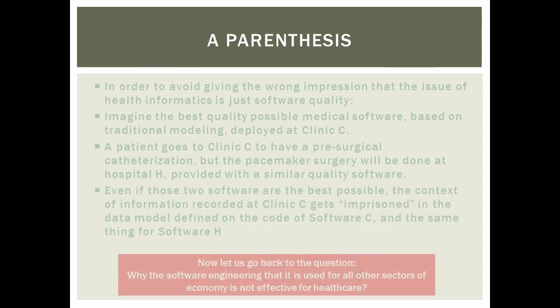Why does software engineering, which works for all other sectors of the economy, like those that were developed for software C and software H, work for everything else in life and is not effective in health? Why is healthcare different?